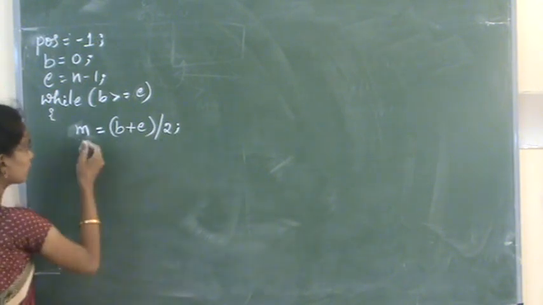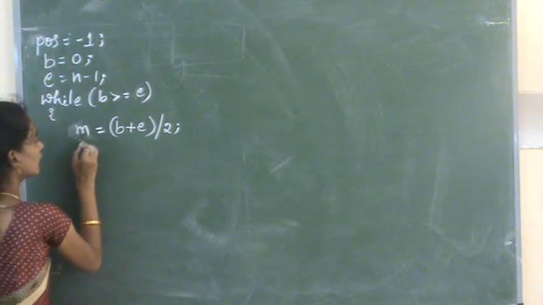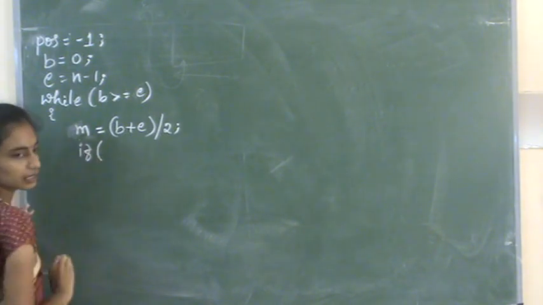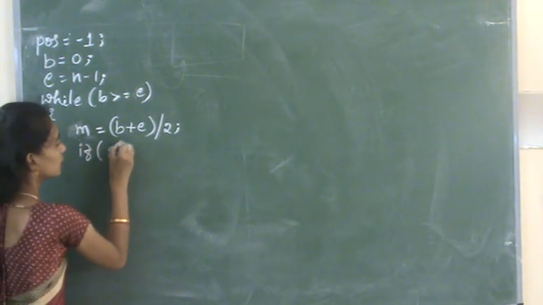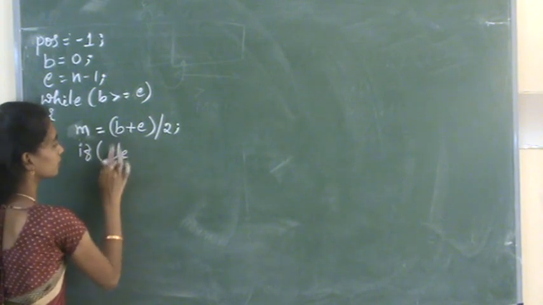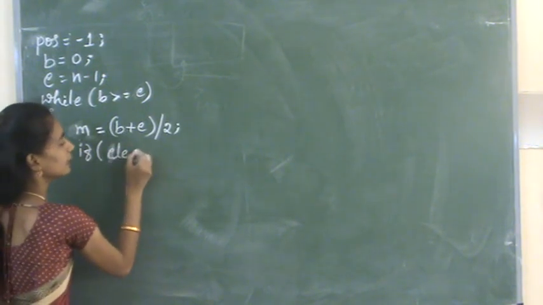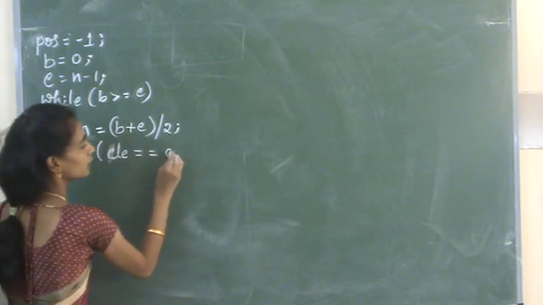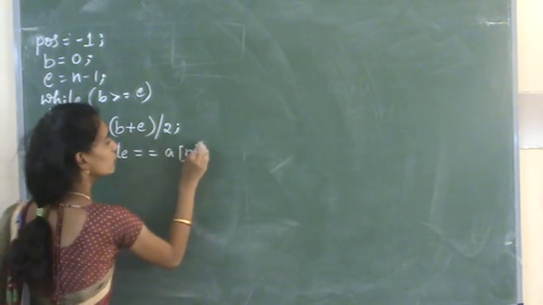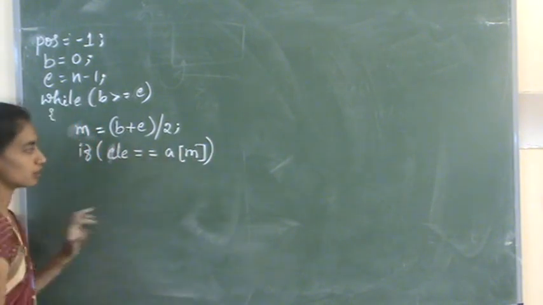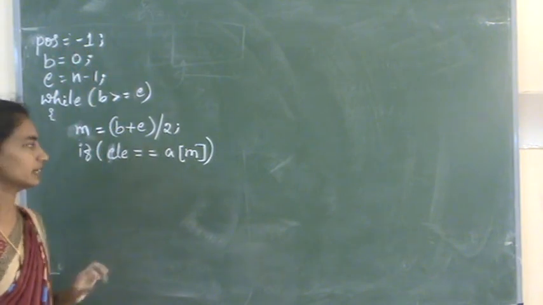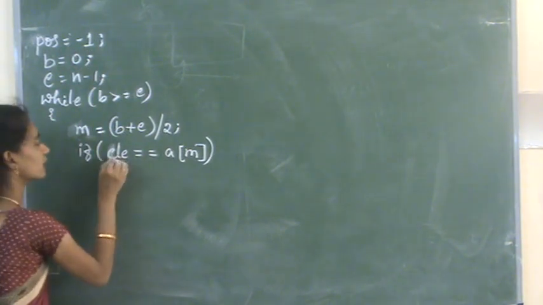Okay, so after this I will check the condition whether the search element ELE is equal to A of m. This A was assigned at the beginning. So I will check this condition.